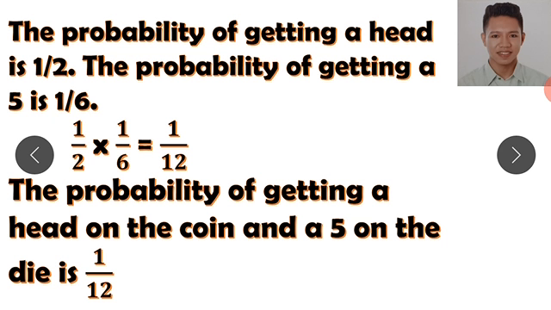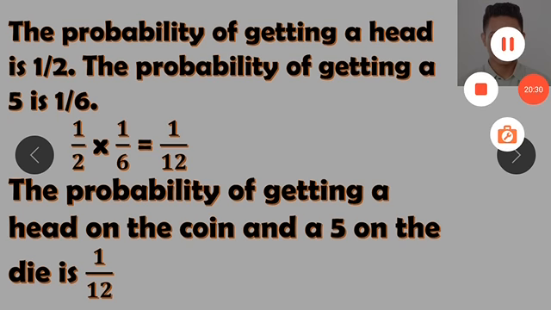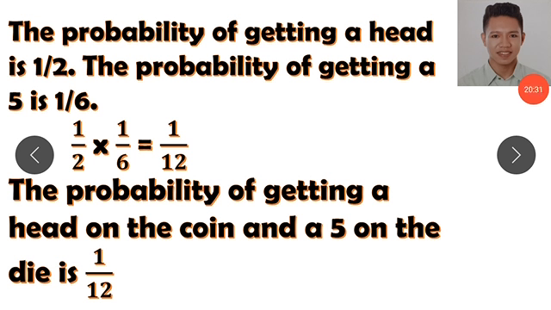So to get the probability of getting a head on a coin and a 5 on a die, just multiply 1/2 times 1/6. Simply multiply numerator to numerator, 1 times 1 is 1. Then denominator to denominator, 2 times 6 is 12.